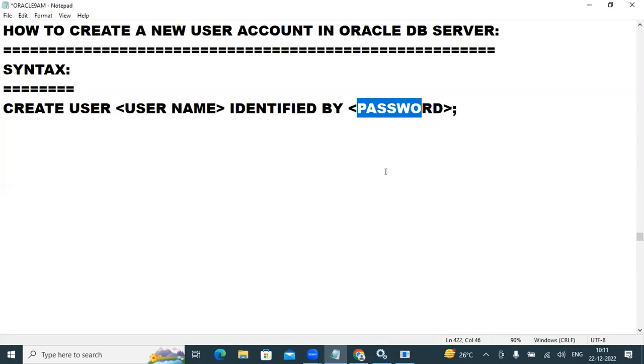Whenever employees want to connect to Oracle, they connect with the user ID and password given by the administrator. So in real time, employee user IDs and passwords are created only by database administrators. You can't create them yourself.